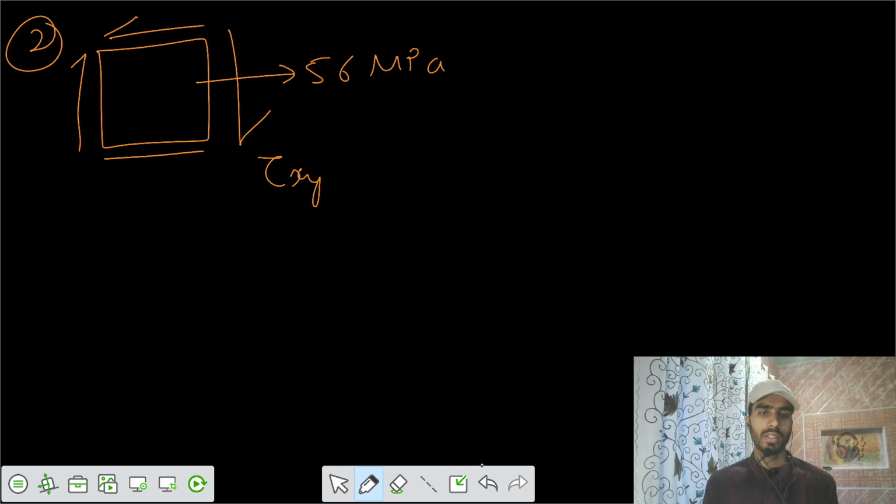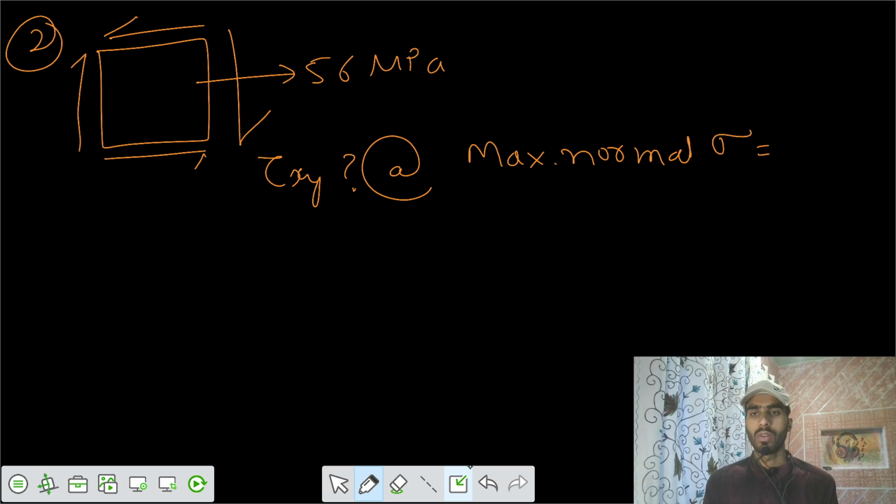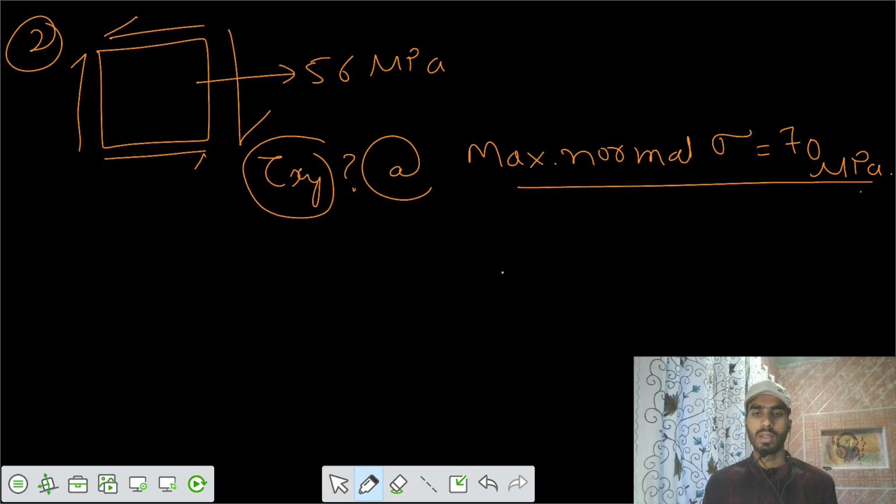The shear stress is anti-clockwise shear stress of tau xy. And I need to get this tau xy if the maximum normal stress equals 70 megapascal.